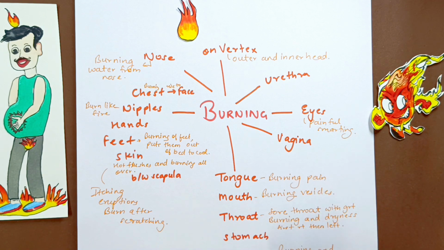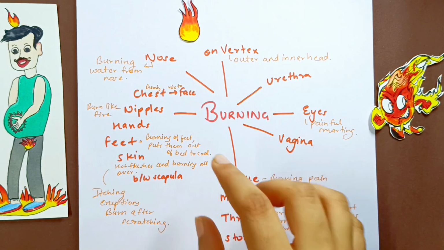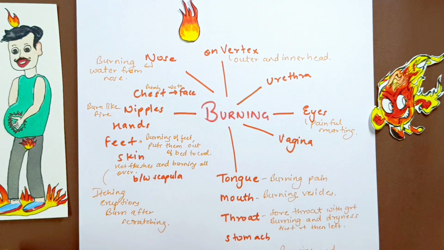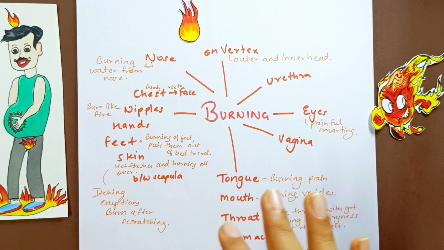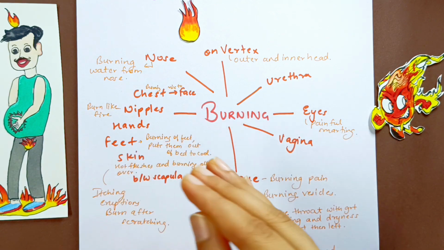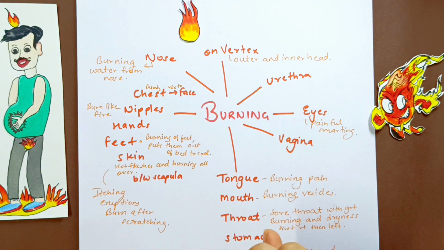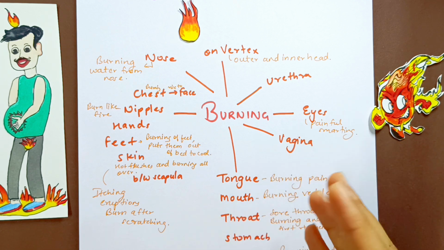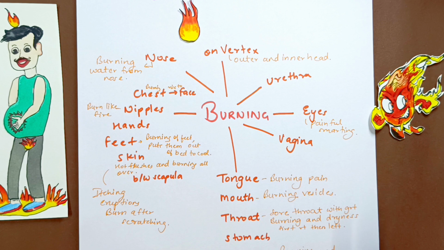So if a person already has this kind of burning in their feet, that warmth of the bed will aggravate them even more. So what these people want to do is put their feet out of the bed, because the warmth of the bed is aggravating the burning of their feet. So they'll want to put them aside so that it helps them cool off their feet.